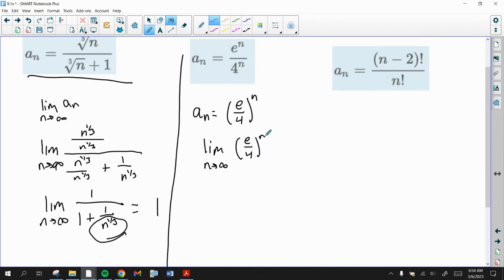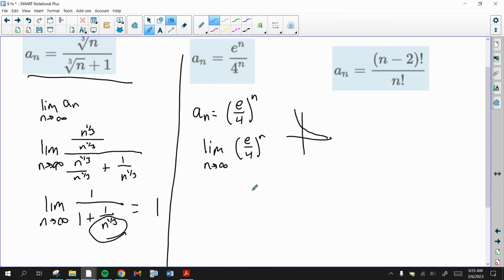Exponential functions will either increase without bound, or if the base is less than 1, which it is, it will decay. In other words, it will go to 0. From what you know about exponential functions, since e is about 2.7, e over 4 is going to be less than 1. So this is going to go to 0.